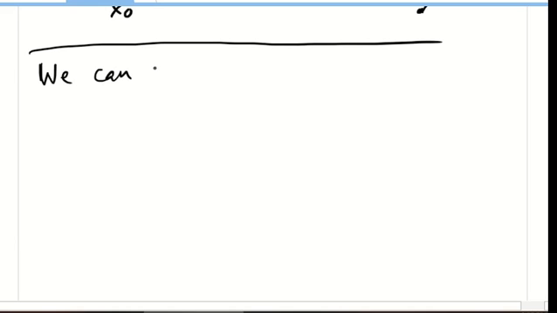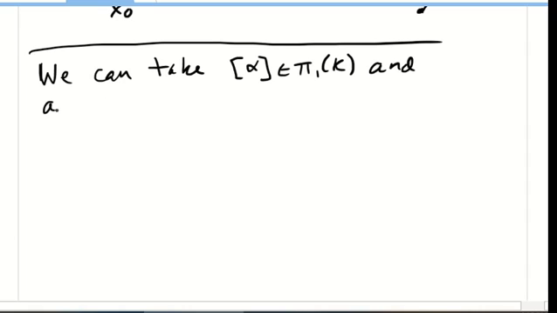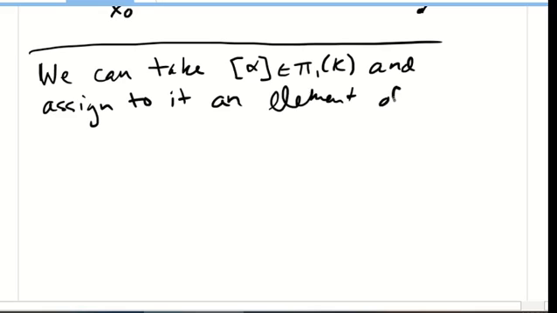We can take some alpha in the fundamental group of the knot, okay, and assign to it an element of, let's say, D3, okay?